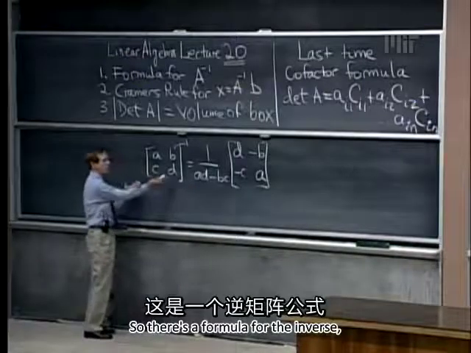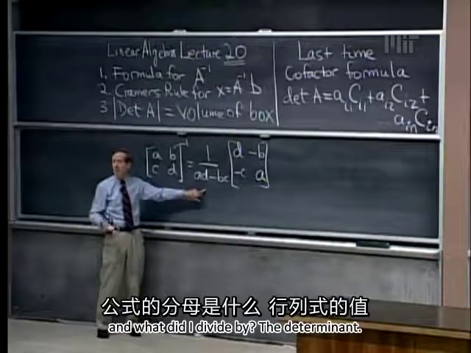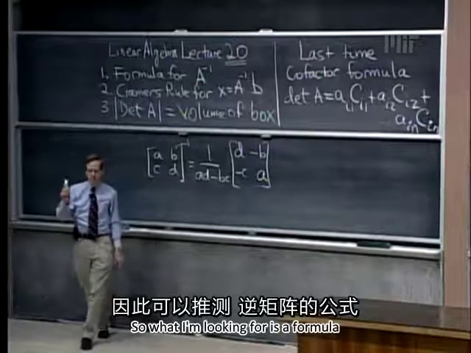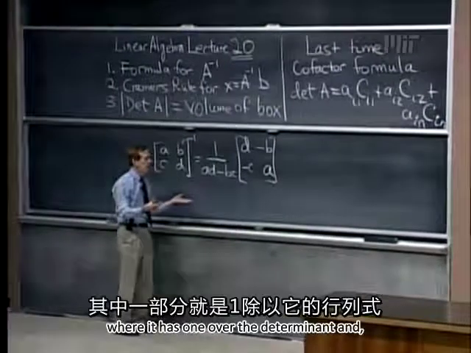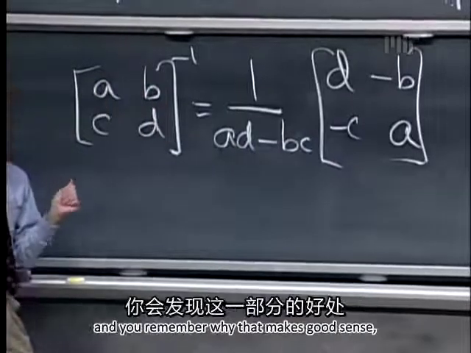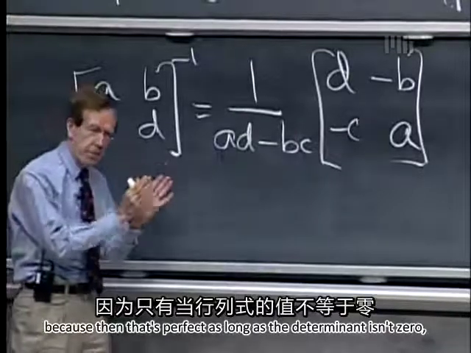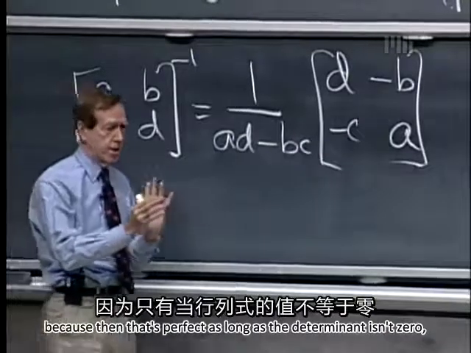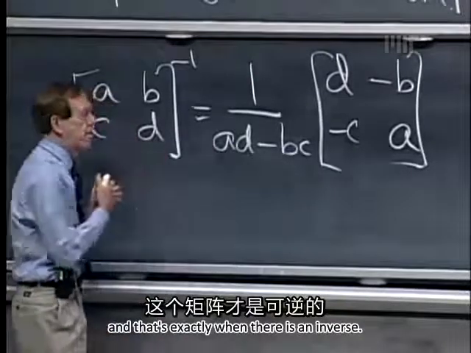So there's a formula for the inverse. And what did I divide by? The determinant. So what I'm looking for is a formula where it has 1 over the determinant. And you remember why that makes good sense, because then that's perfect as long as the determinant isn't 0. And that's exactly when there is an inverse.